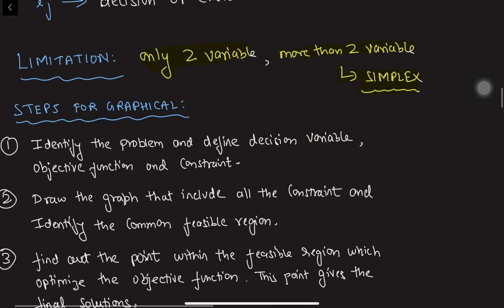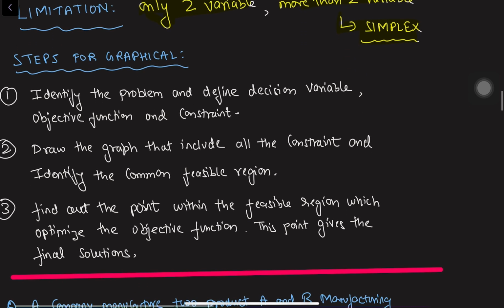Let's now focus on our linear programming function. What are the steps we have? The steps for the graphical method: first you need to identify the problem. Define the decision variables, objective function and constraints. You need to define what your decision variables are, what your objective function is, and what your constraints are, right?